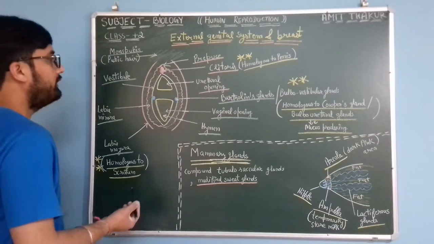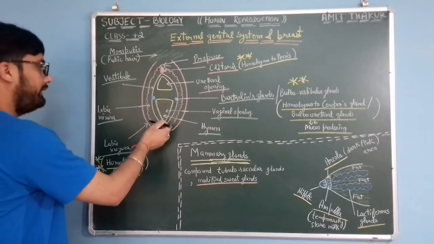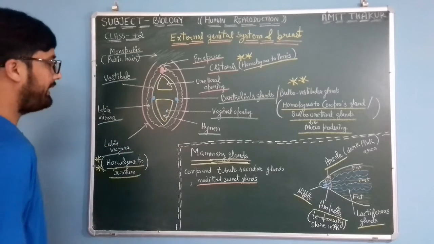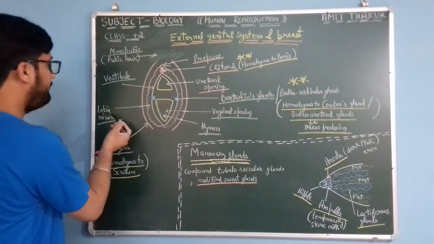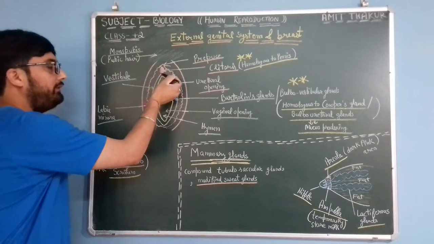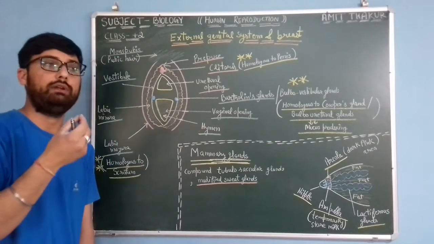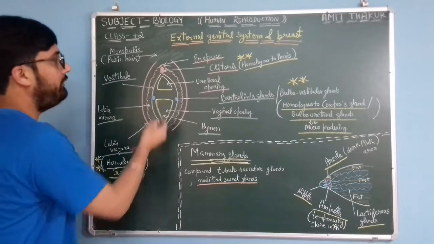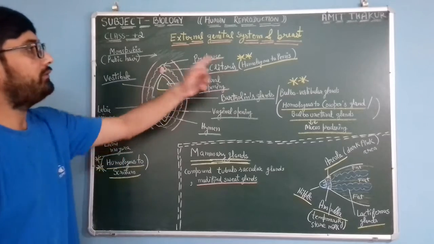Outside this vestibule, there is another layer, a curved muscular layer. This is known as the labia minora, and at the top of the labia minora an erectile tissue is present, which is known as the clitoris.